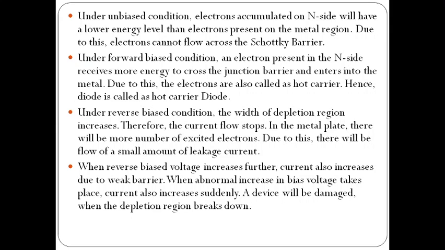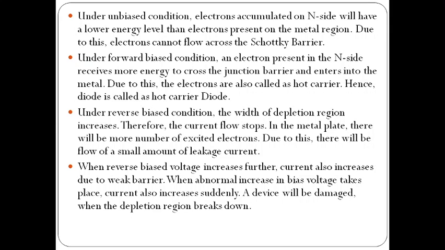When this Schottky diode is unbiased, that means when we are not applying any potential to the anode terminal and cathode terminal, where anode means metal and cathode means the semiconductor, electrons accumulated on the N side will have a lower energy level than electrons present in the metal region. Due to this, electrons cannot flow across the Schottky barrier, so there is no current. We know it is common in all the cases.